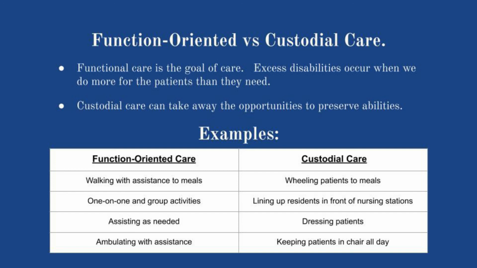Custodial care includes lining up the residents in front of nursing stations. Function-oriented care would only be assisting as needed. Custodial care would be dressing the patients, grooming the patients without allowing them to try to do it. Function-oriented care would be ambulating with assistance, or walking with assistance. Custodial care is just keeping patients in a chair all day.